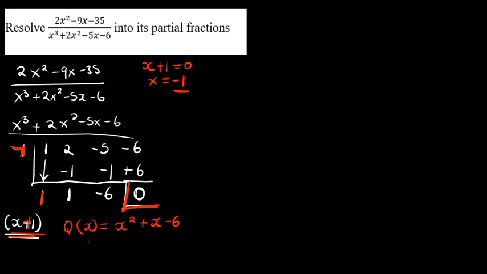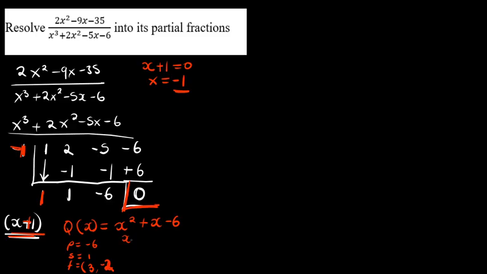Let me look out for the product sum factor. The product is -6, the sum is 1. The factors will be 3 and -2.